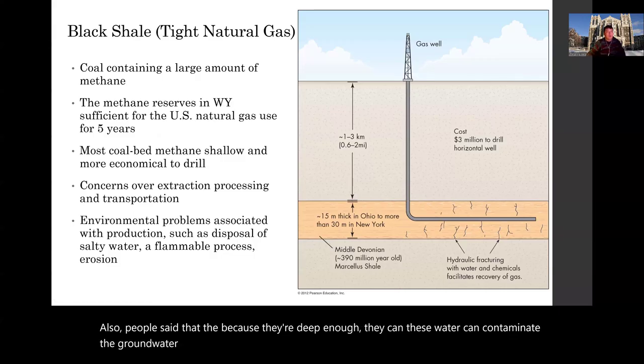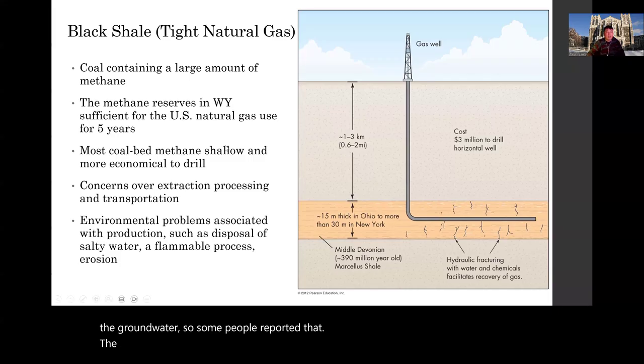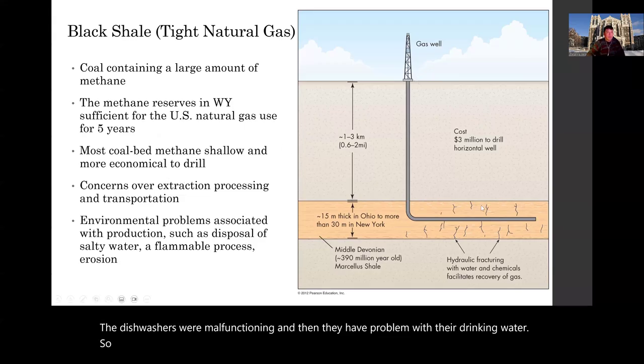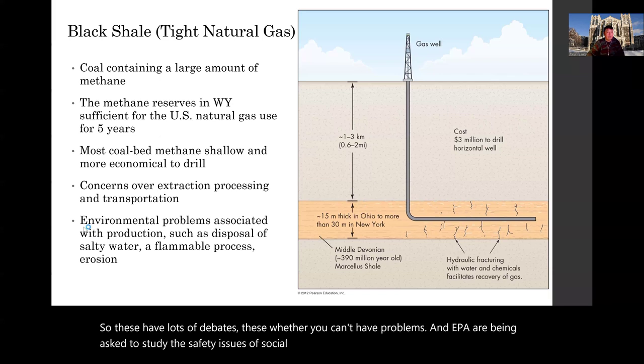Some people reported that their dishwashers were malfunctioning, and they have problems with their drinking water. So there are lots of debates about whether you can have problems. And the EPA is being asked to study the safety issues associated with drilling of natural gas.